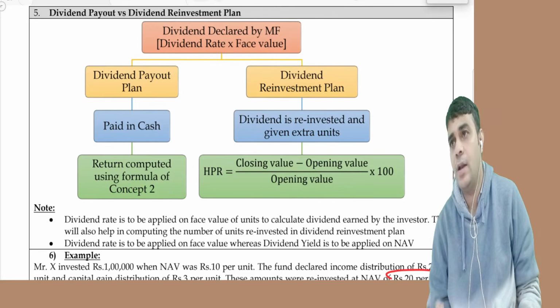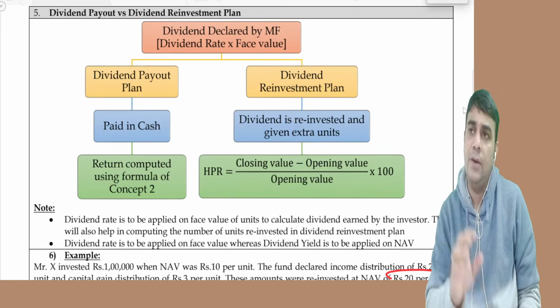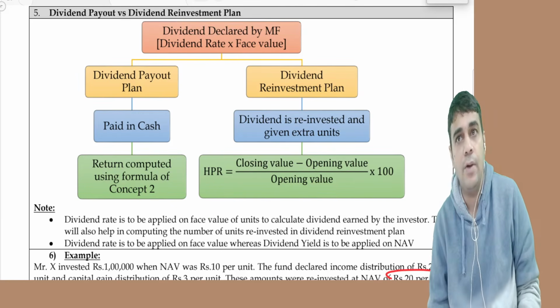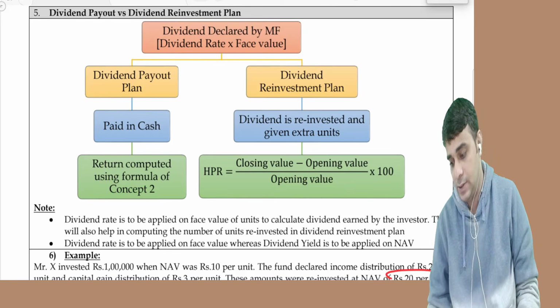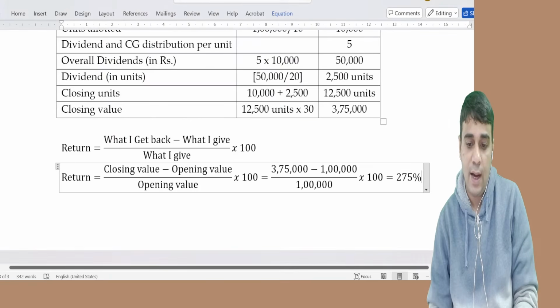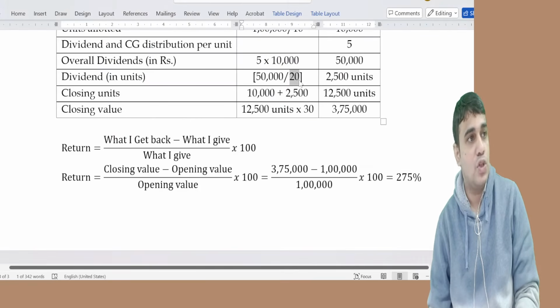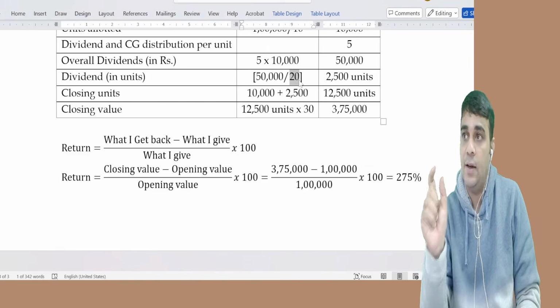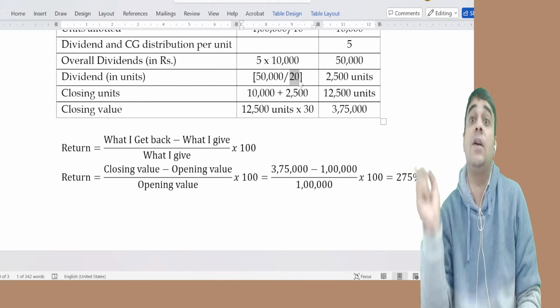There was a doubt on why there is a difference between the two returns. One we got 250 percentage, another one we got 275 percentage. The reason is the dividend I reinvested at 20. So the 2,500 units have become 2,500 into 30 by the end of the year.